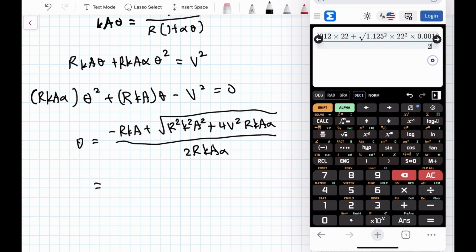On the bottom we have 2 times 1.125, and then multiply by 22, and then times 0.0012, and then times alpha, which is just 3.3 e to the power minus 3. Why is this still loading? Wait, what? Okay, so then we have 101.